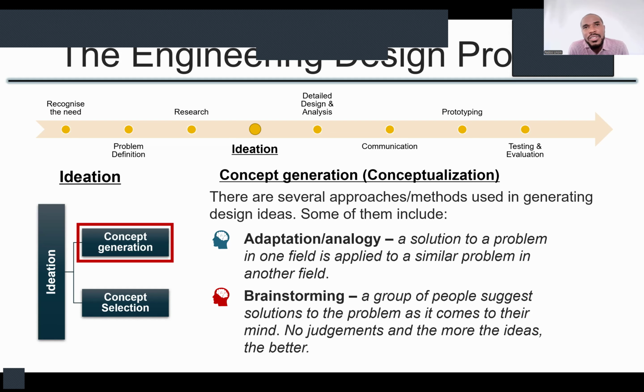Okay, what you want is not that all of you will have the same solutions. In fact, that's why we say at the concept generation stage, you want many different solutions so that the solution that eventually works did not only work because that was the only solution that you could think of. If you are alone generating the idea, it's okay.